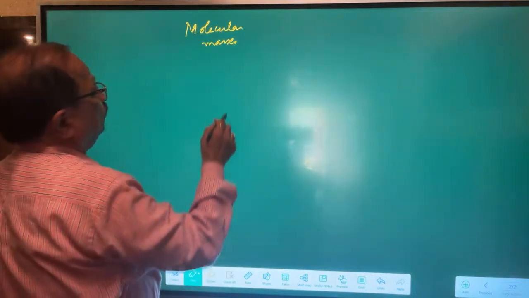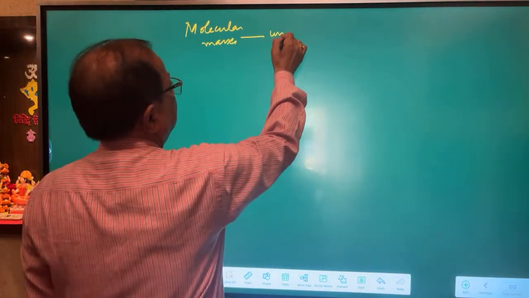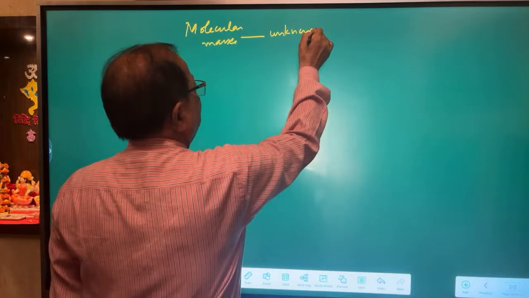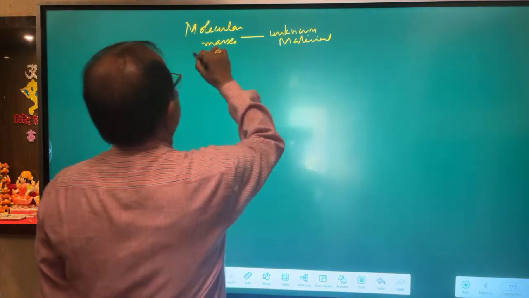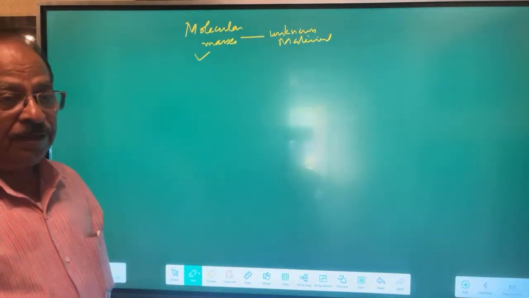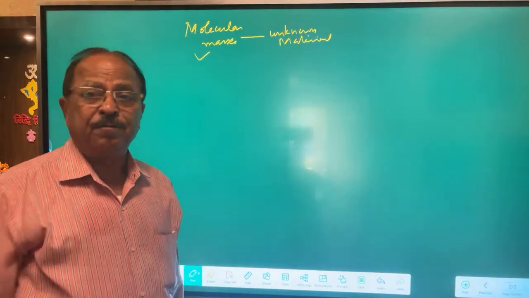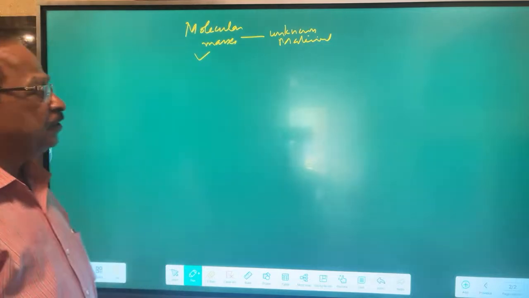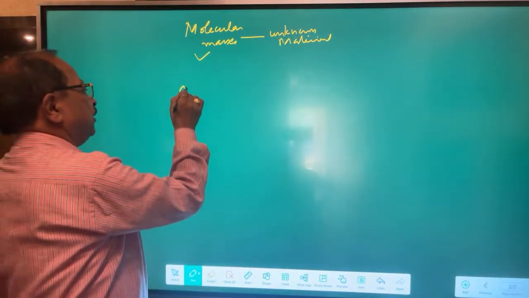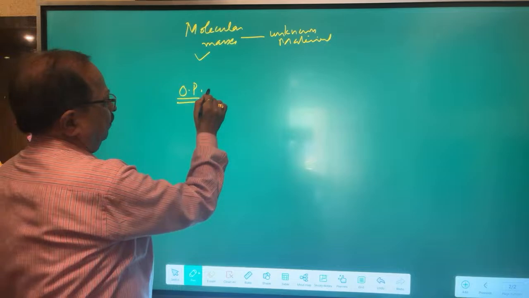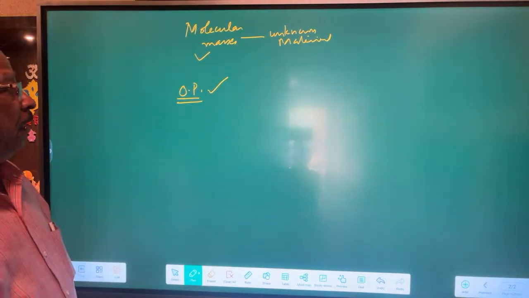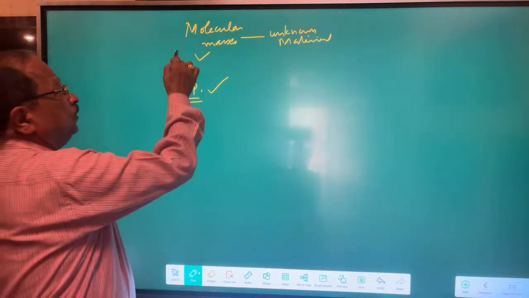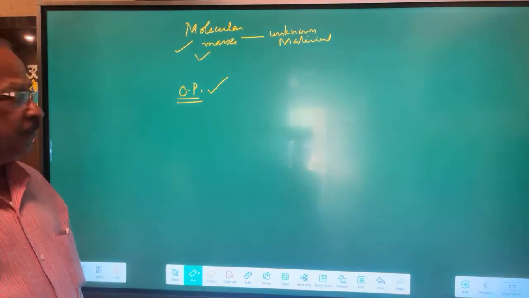We can use all these 4 properties to find the molecular masses, right? But which one is best is the most important question, which is repeated. It is osmotic pressure which is the best colligative property to determine the molecular mass of an unknown substance.